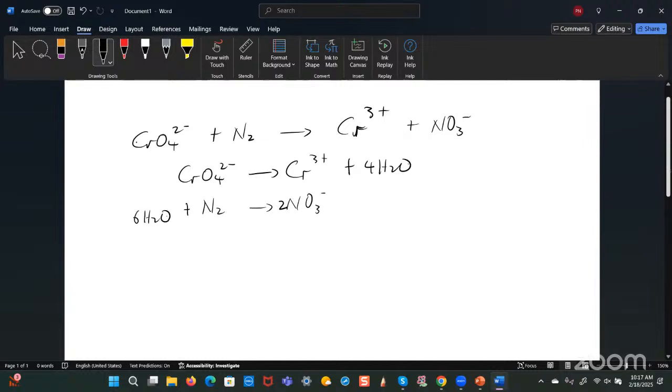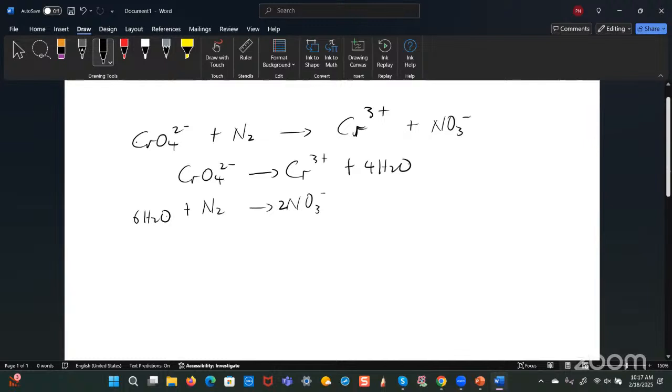Okay, what's the next step? After balancing the oxygens by adding water, the next step is to balance what? The hydrogens by? How would you balance the hydrogens? Specifically adding H plus, hydrogen ions, right?